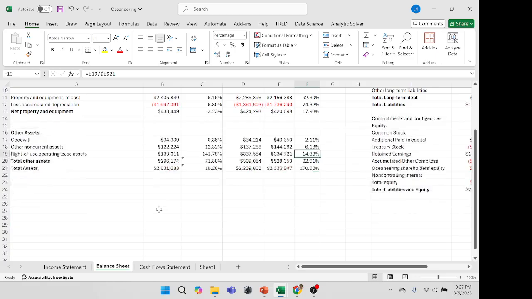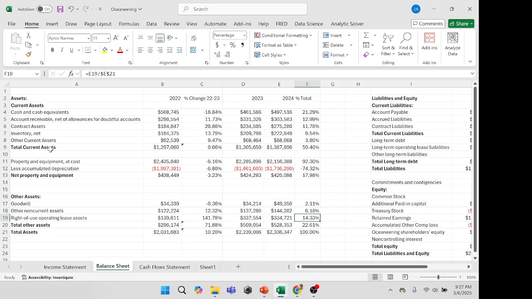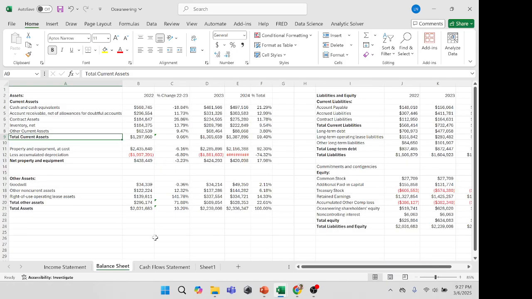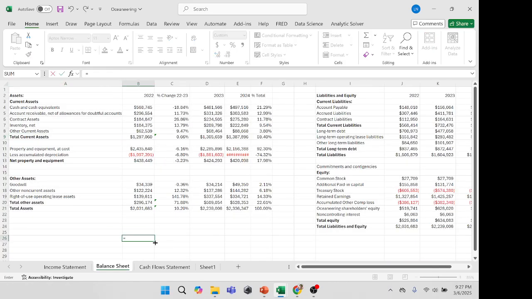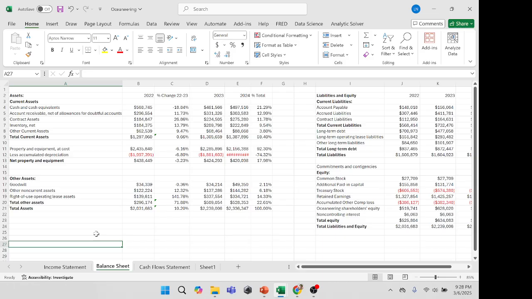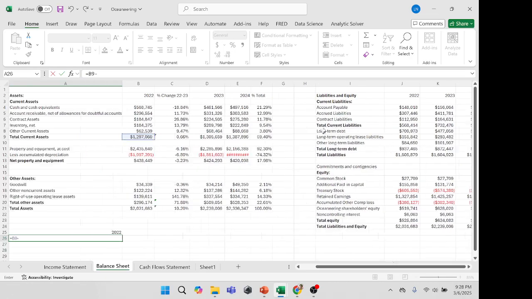you go to your balance sheet and you take total current asset. So let's say for 2022, and you want to get the total current asset, subtract the total current liability, which is over here.